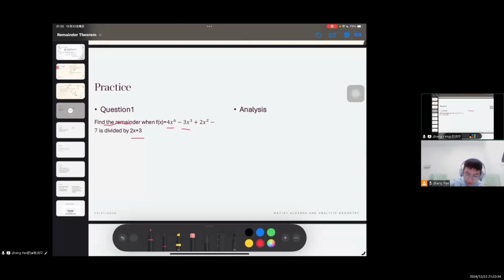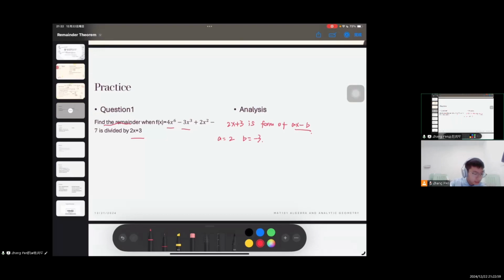Okay, we can find that 2x plus 3 is of the form ax minus b, right? So a equals 2 and b equals minus 3. Then we can use the remainder theorem.